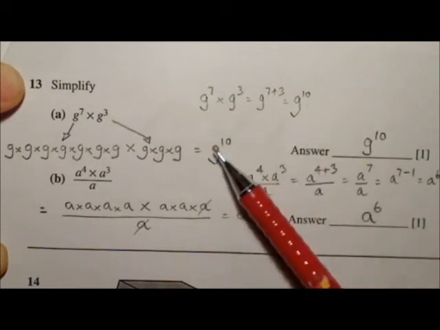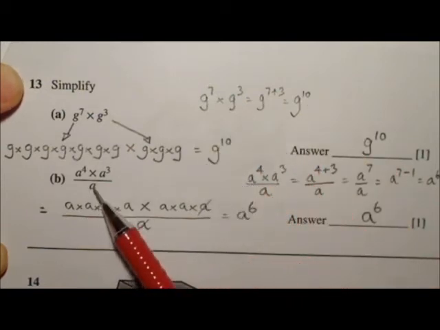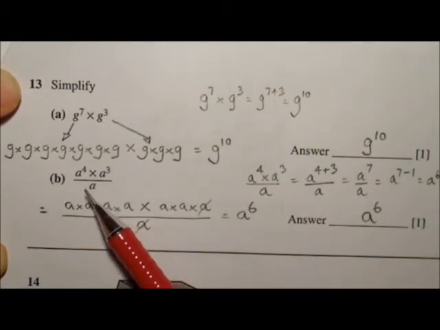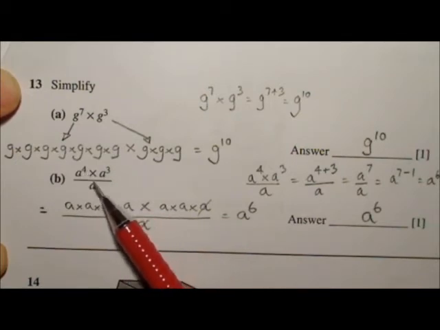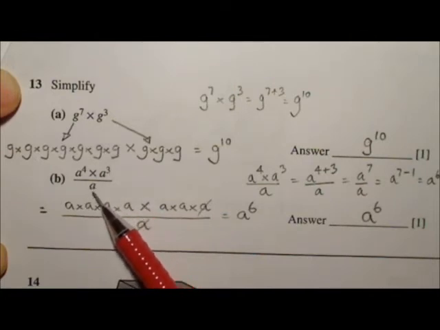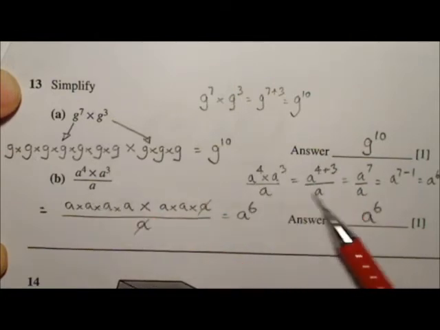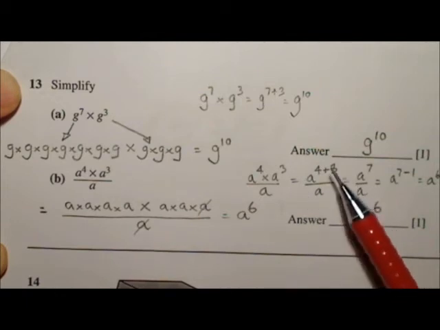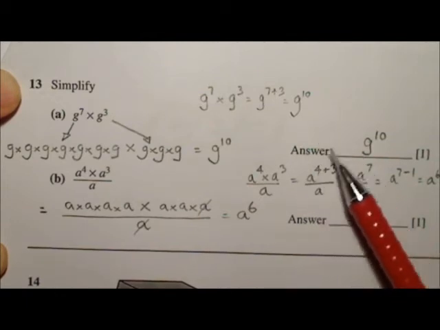So it's the same answer, but it's another way of looking at the problem. This one, 13b, this time we've got a to the power of 4 multiplied by a to the power of 3 divided by a. Again, there's a rule here, sort of the same rule as before, which we used up there.